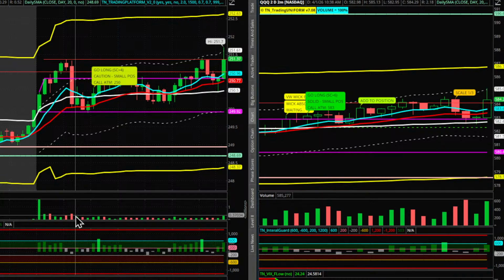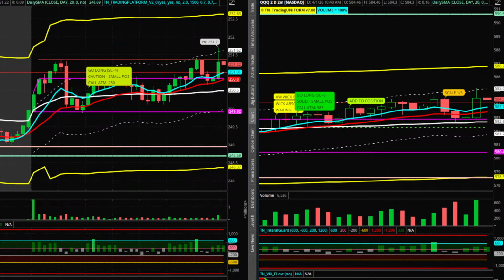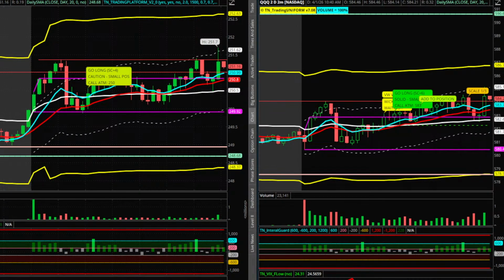Uh-oh, let's see if this thing can hold this gain here. The big candle, then it gets slammed again. Damn. Yeah, look like they're gonna slam it down right now. That was a big ass candle, but it cannot hold. Uh-oh.